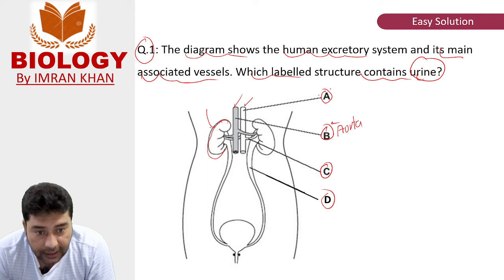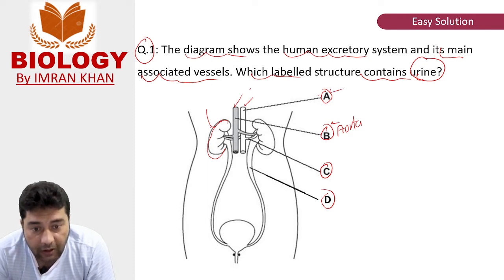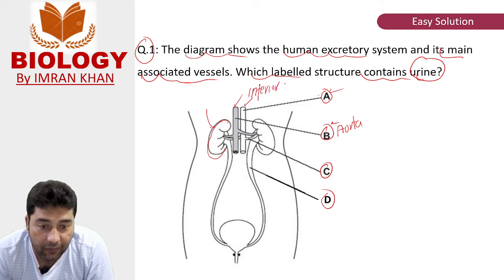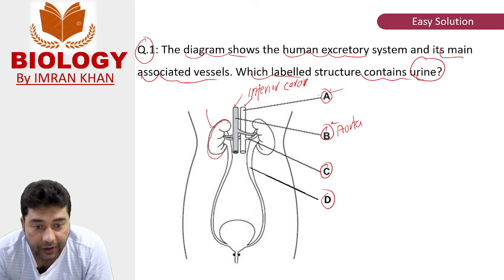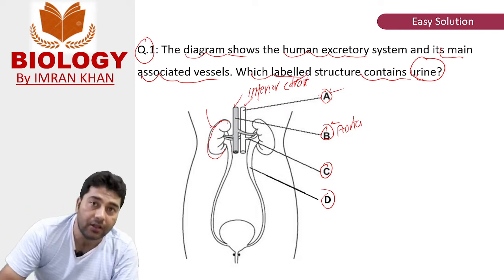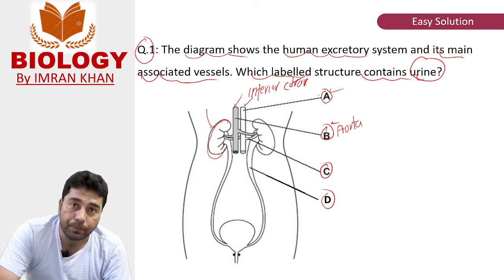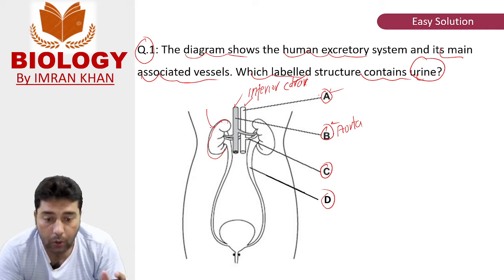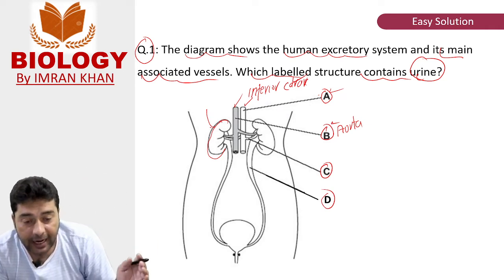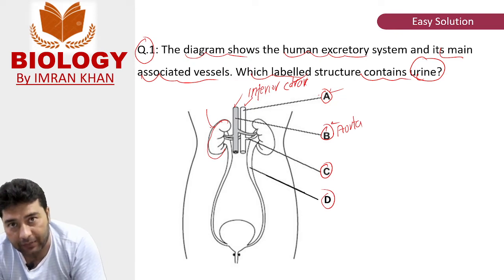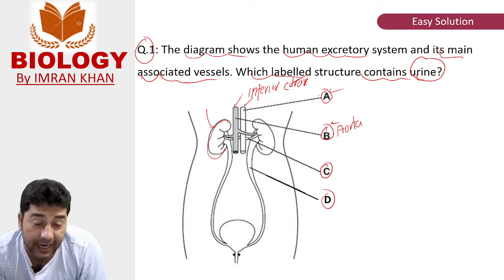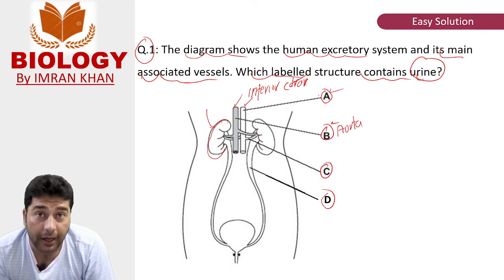Similarly, the labeled structure A is the inferior vena cava, which is associated with the collection of blood back to the heart. Any vein that enters the inferior vena cava and comes from the kidney is referred to as a renal vein.